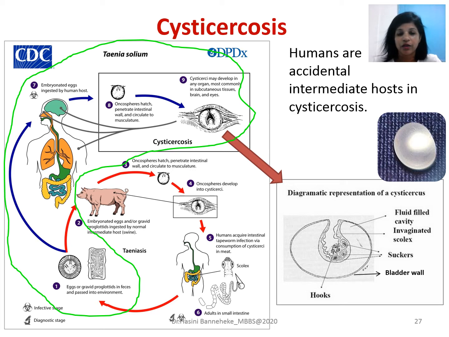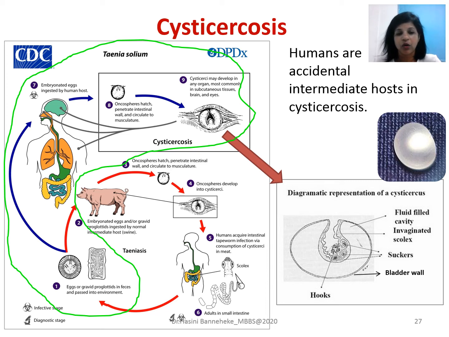We pass proglottids containing eggs into the feces, releasing taeniid eggs to the environment. Now these will remain in the environment.